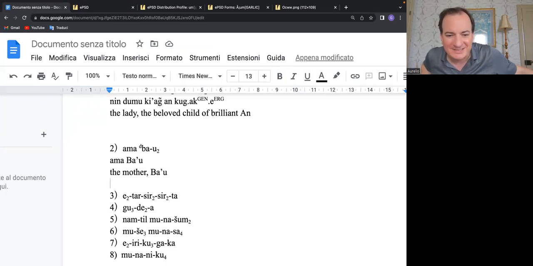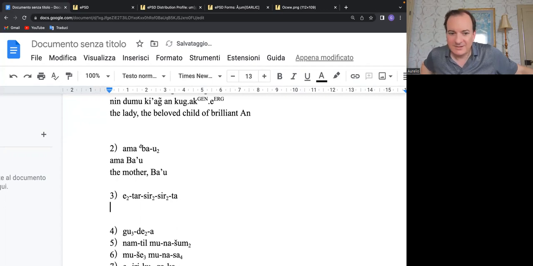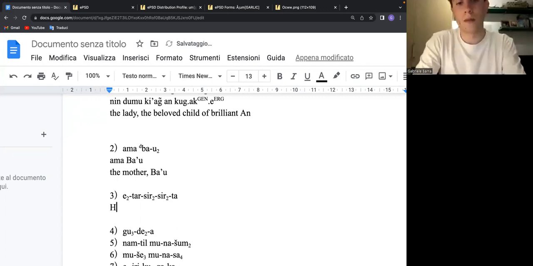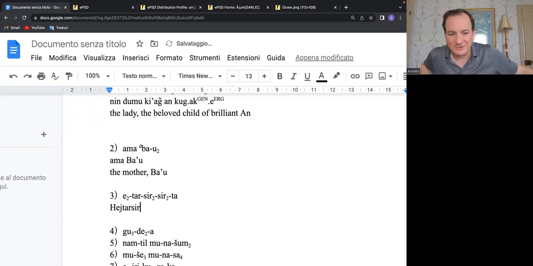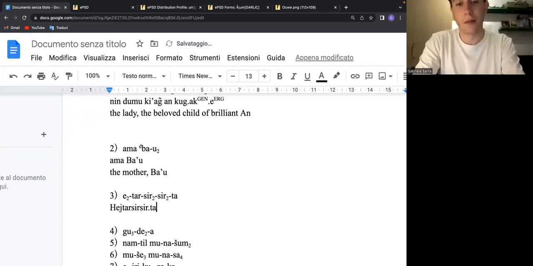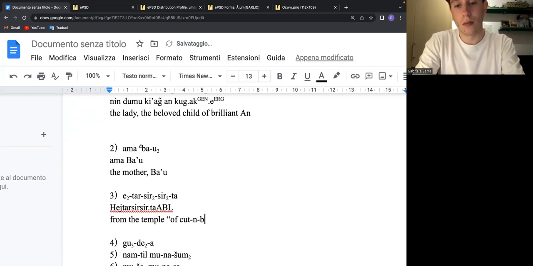Let's go on with etar sir sirta, which is an ablative. So it's just from the temple. Of cut and bind. The infamous temple.